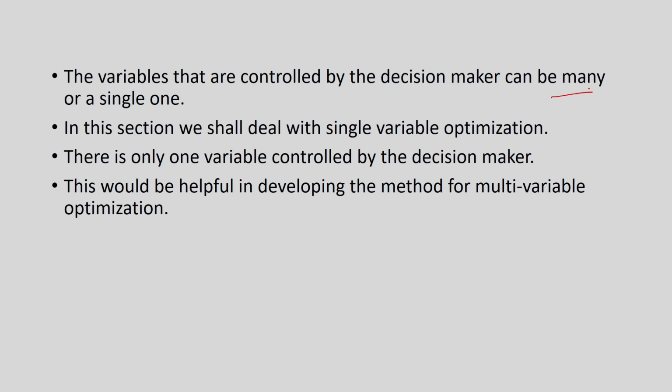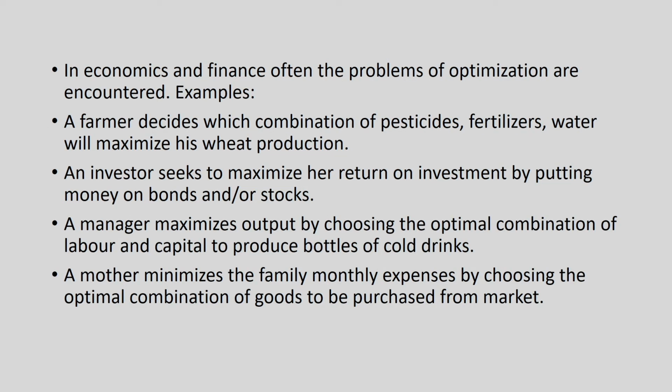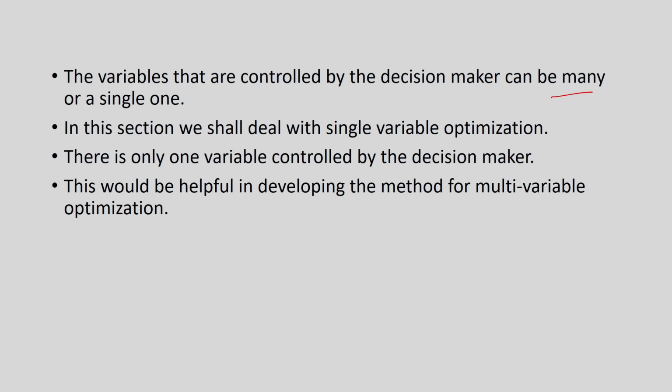Multiple variables might be involved. In the examples that I have just cited, the decision maker controls many variables. But it is also possible that a decision maker controls a single variable, and that is what we are going to study in this particular module. Later on, in the second part of this course, one plans to take up the case of multiple variable optimization.